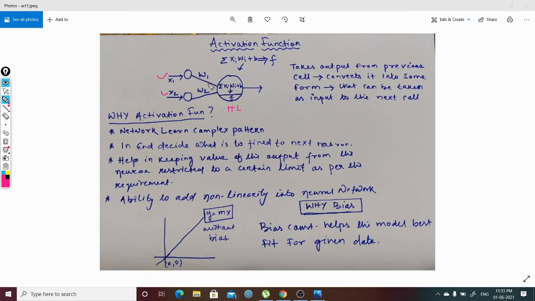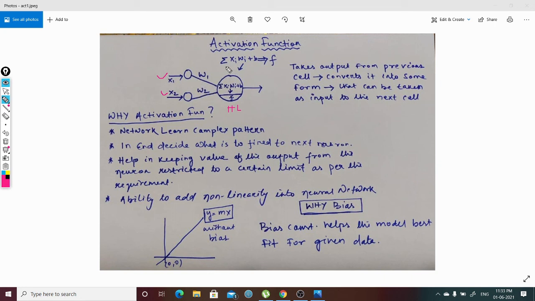Suppose I'm taking two inputs, x1 and x2, and with respect to x1 we have weight w1, and with x2 we have some weightage w2. So we do the multiplicative summation of both the inputs.